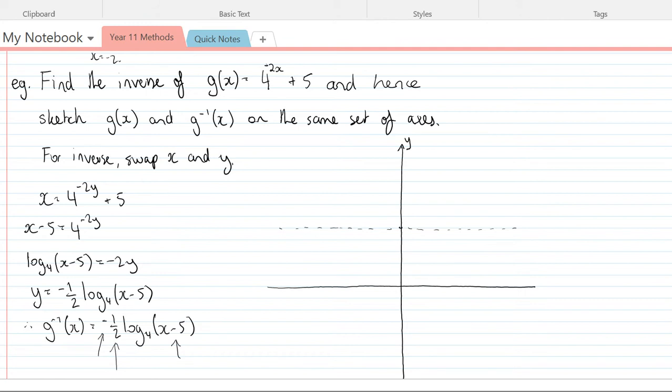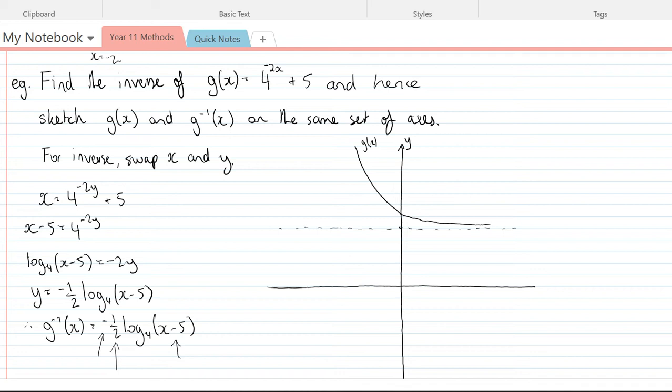Because it's 4 to the power of negative 2x, that means it's reflected in the y-axis. And so that's what it should look like roughly. The +5 moved the graph up 5 units. So that one there is g of x.